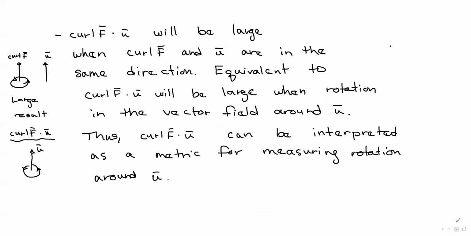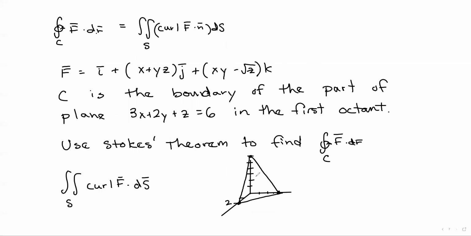So this is a flat surface, it's a plane, but it's not flat on the xy plane. And so we need Stokes' theorem for this object. All right, and so here's our 3x plus 2y plus z equals 6.